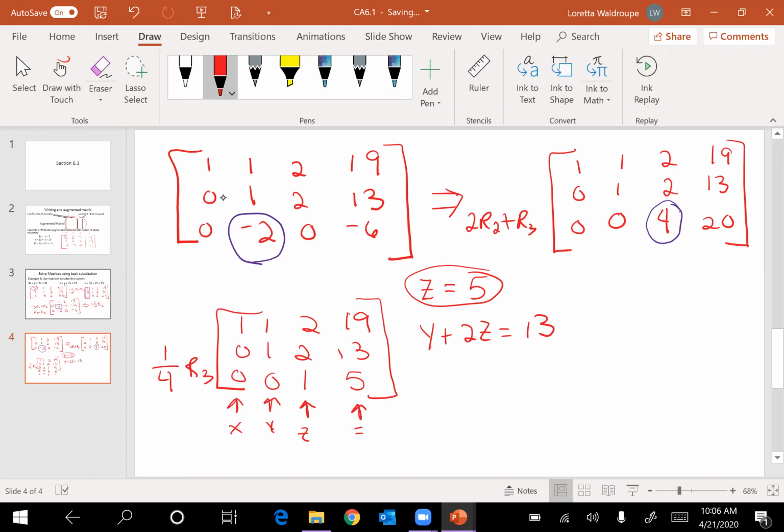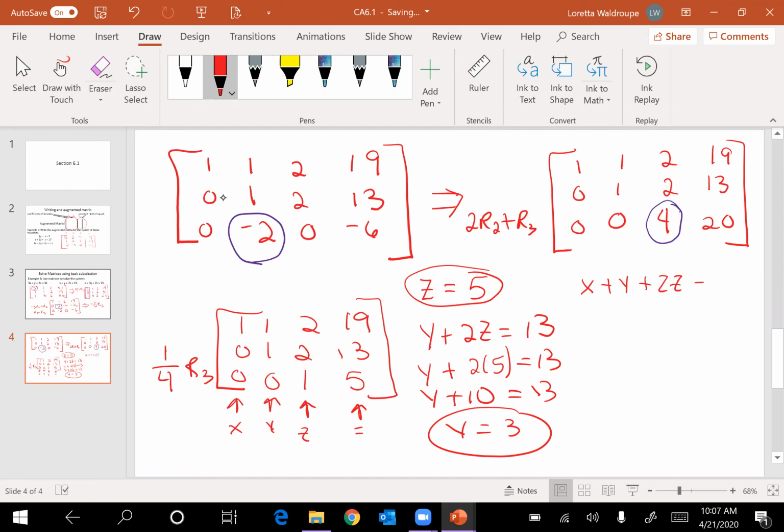Plugging my z in, I have y plus 2 times 5 equals 13. y plus 10 equals 13. So y equals 3. And then my first equation, x plus y plus 2z equals 19.